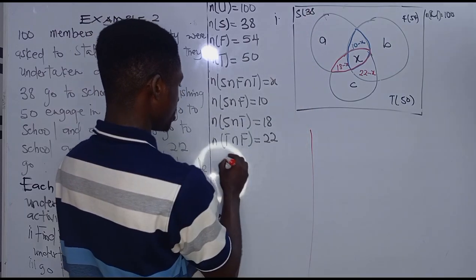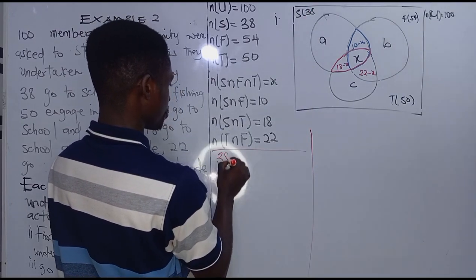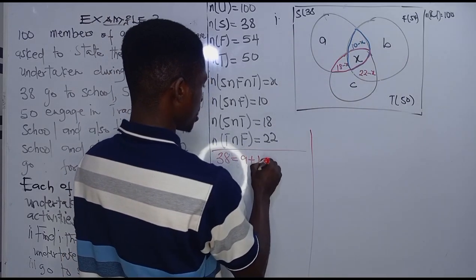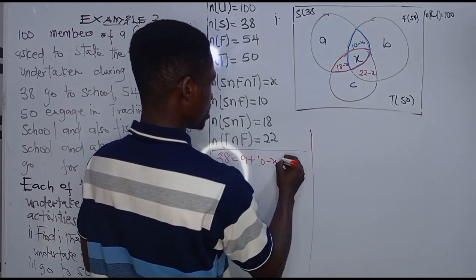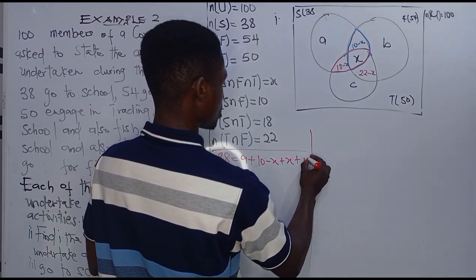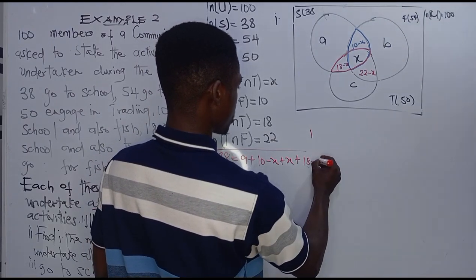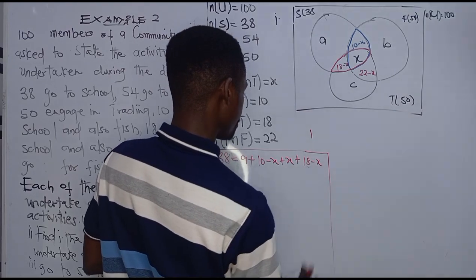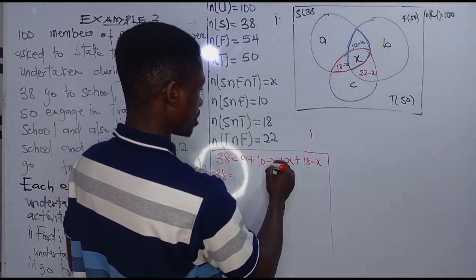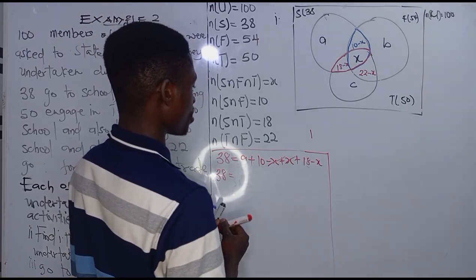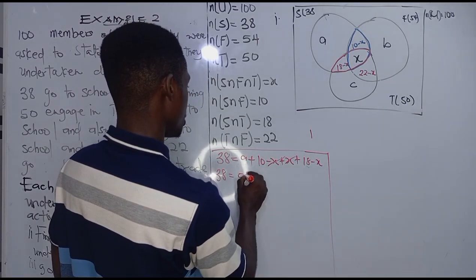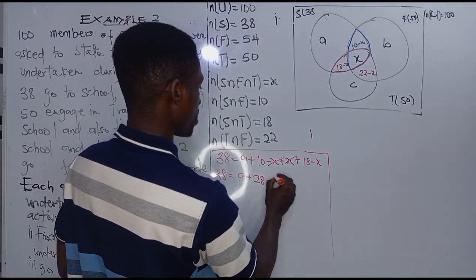So we have 38 is equal to this region A plus this region 10 minus X plus this region X plus this region 8 minus X. So we have 38 is equal to, we know that this and that will go, so we are left with 10 plus 8, which will give us what? 18, right? So we have A plus 18.